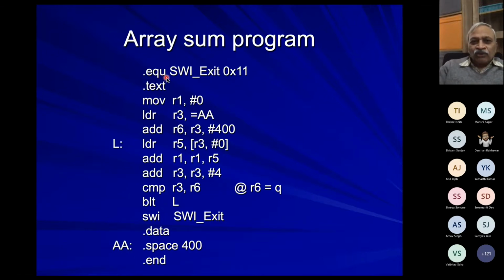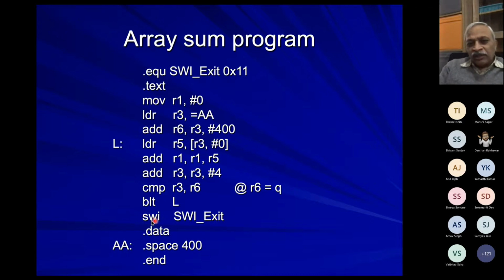.equ is equating a symbol, which is SWI_Exit in this case, with a number, so 0x11. 0x indicates that it's a number in hexadecimal. And we have this SWI instruction.